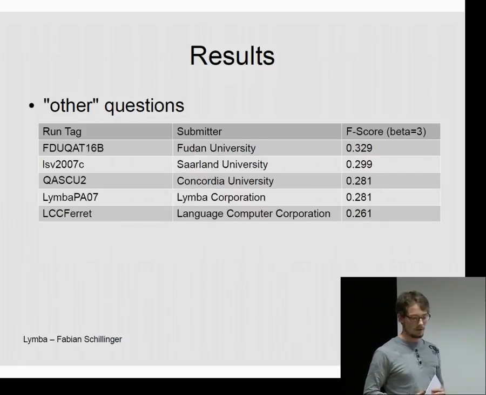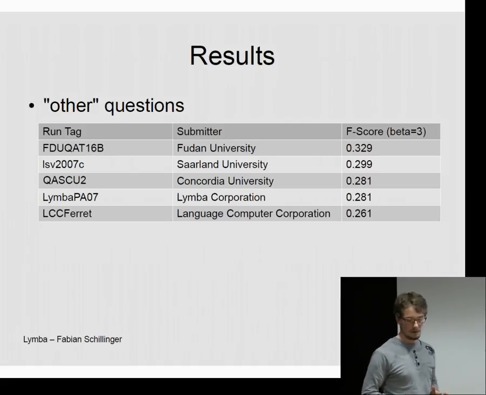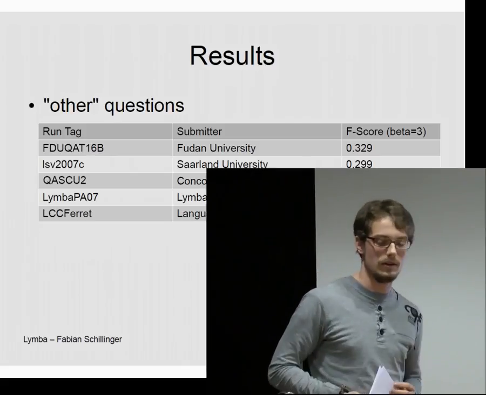So for these other questions, Limba was not the best system, but with a score of 0.281 compared to 0.329 from the Fudan University system, it's about 15% less.